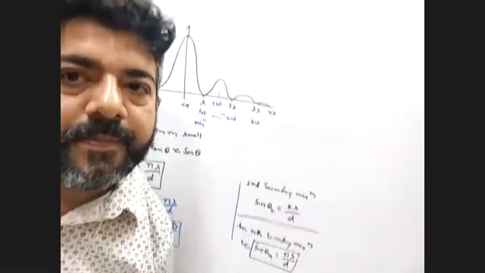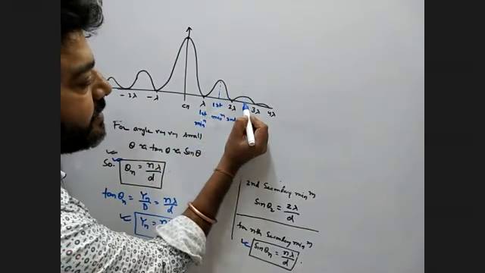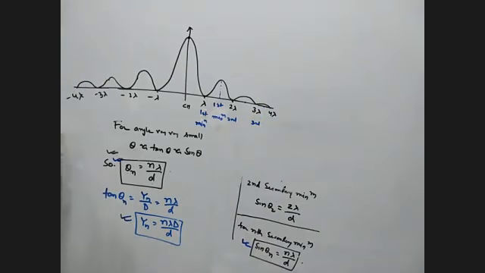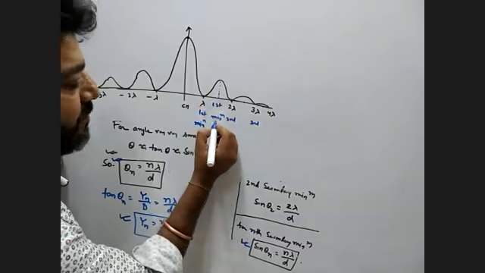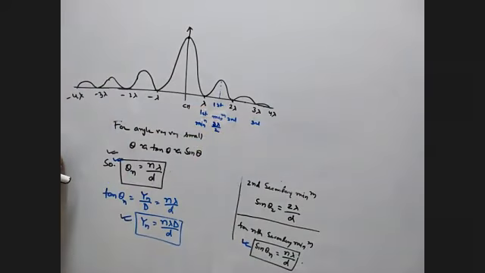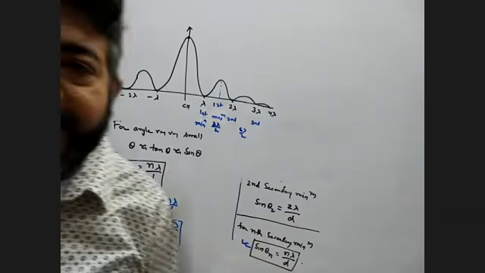Yes, sir. Say it properly: first secondary maxima. This is the second secondary maxima. This is the third secondary maxima, and so on. So between lambda and 2 lambda, what about this value? 3 lambda by 2. Is it clear? And for the second, 5 lambda by 2. Is it clear, everyone? Can we write this?